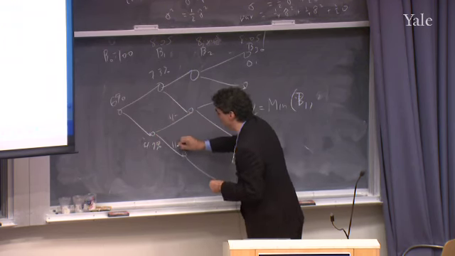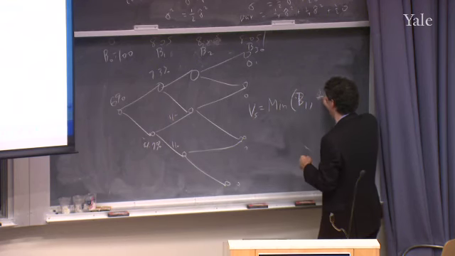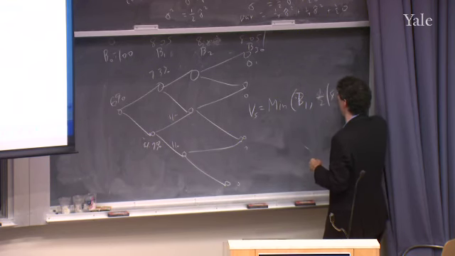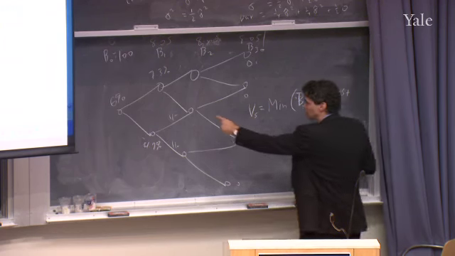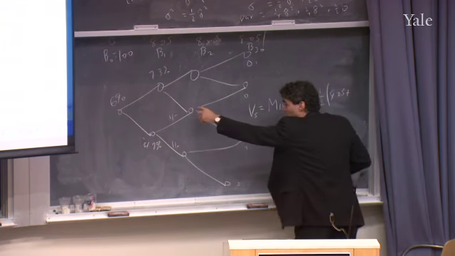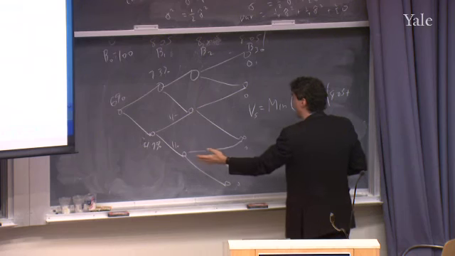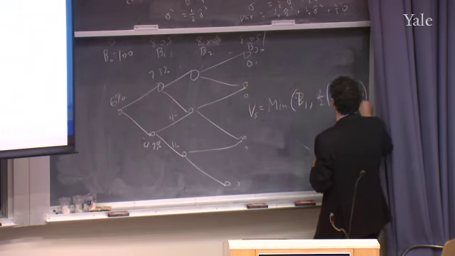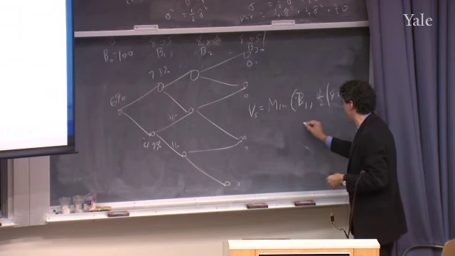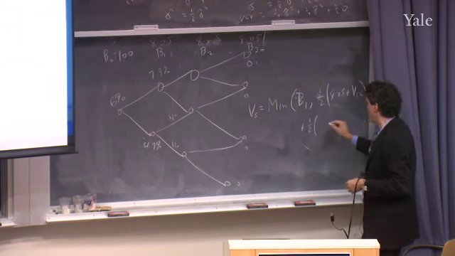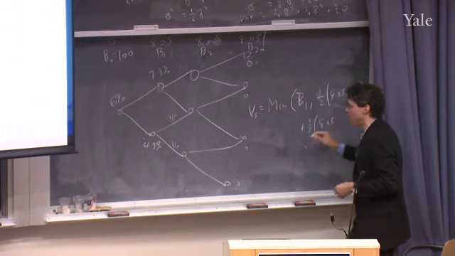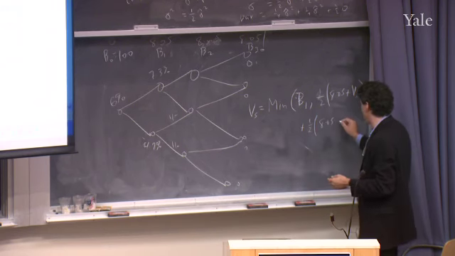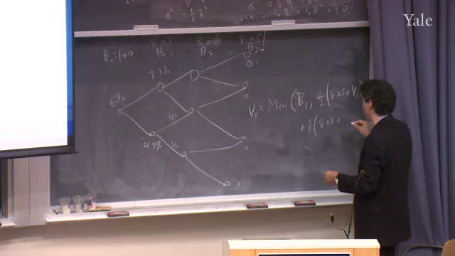So half the time he's going to go up. So he's going to have to pay 8.05. And then he's going to have a decision then to make. But we're working by backward induction. We've already solved out for what the value of his decision is there. So it's going to be VS up, plus half the time he's going to have to pay 8.05. He's going to be down here. And then he's going to have to decide whether to pay off the remaining balance or not.